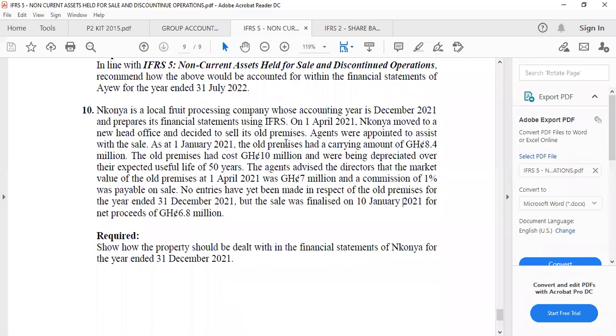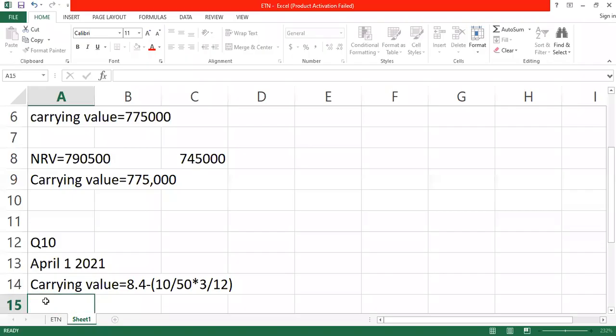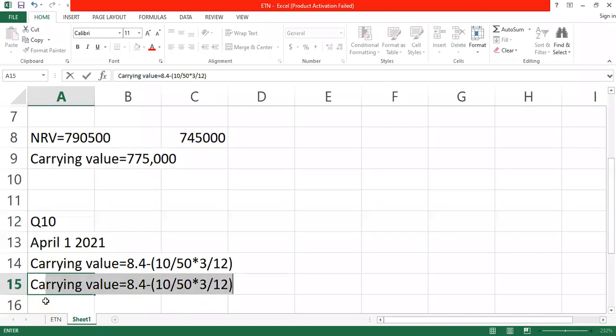Linus, the way you are saying plenty of things, you do it one after the other for us. All right. Let's find the first one. What is the carrying value here? 10 over 50, times 3 over 12.